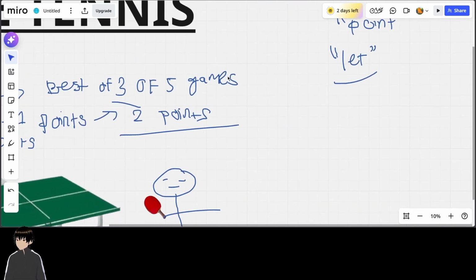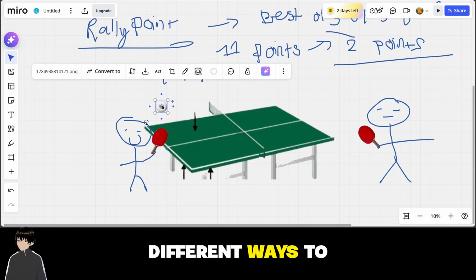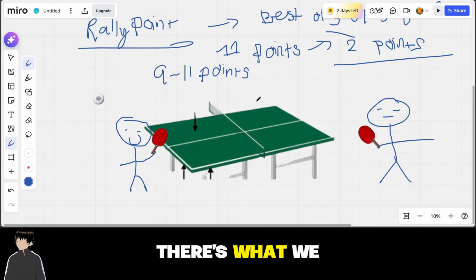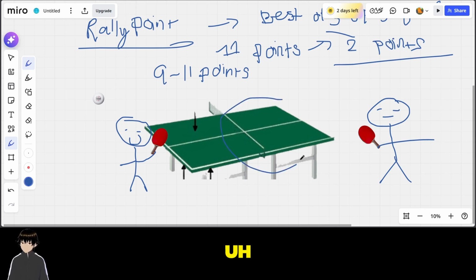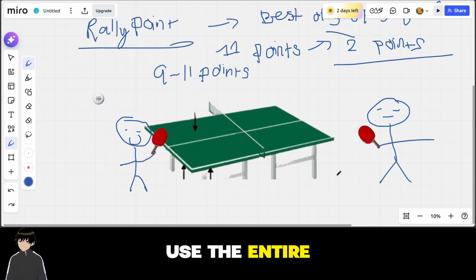So you have different ways to play the game. Basically just two ways. There's what we call singles. Singles basically means that you can use the entire part of your board.